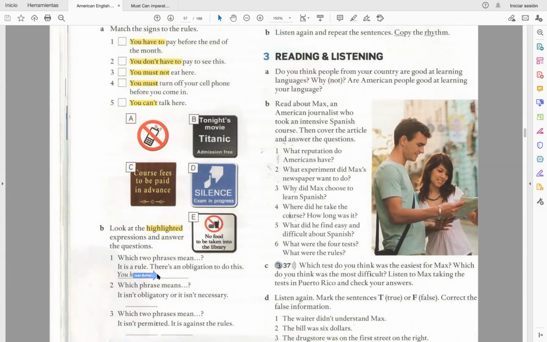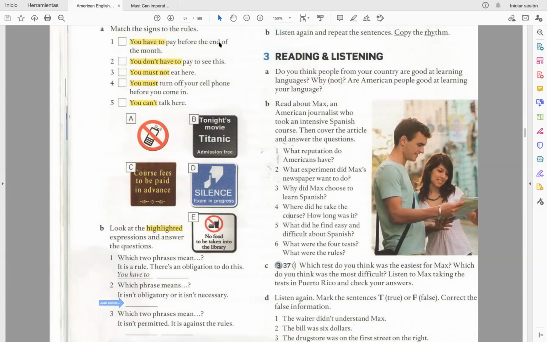Sin el to, acuérdate que must, básico. Sorry, you must. So for obligation, we have you have to and you must. Very good, excellent.